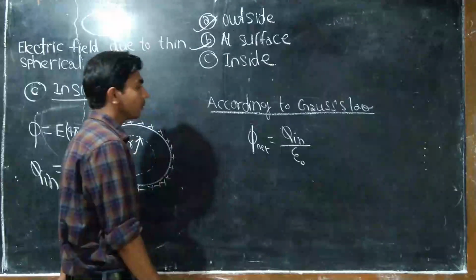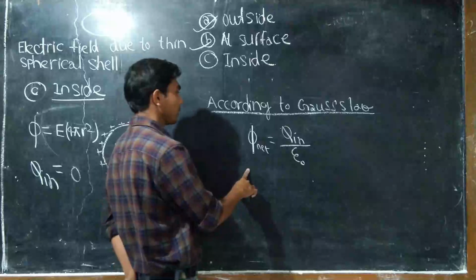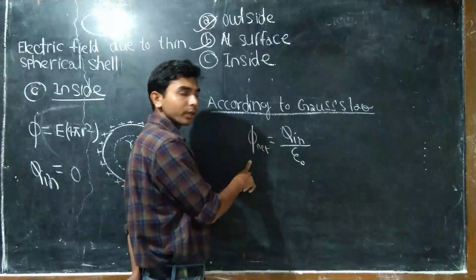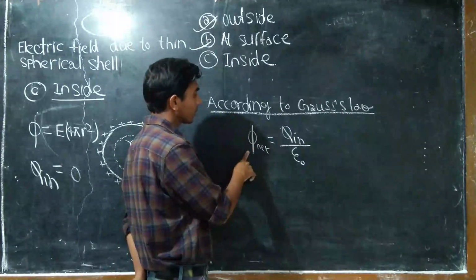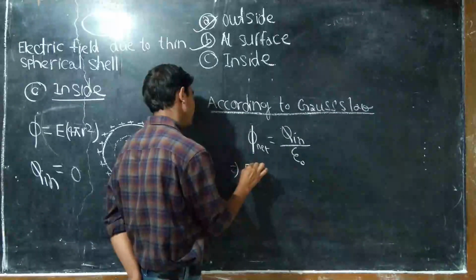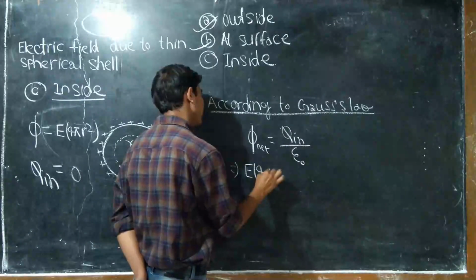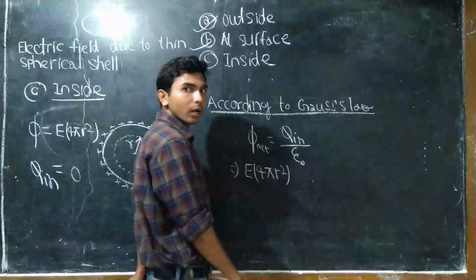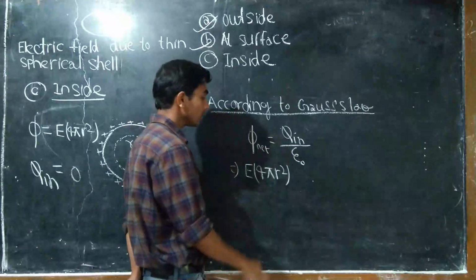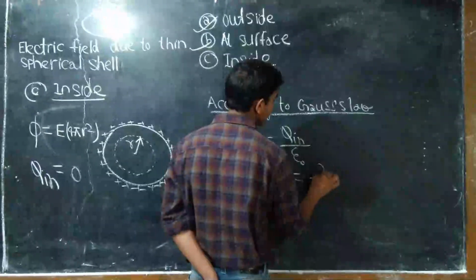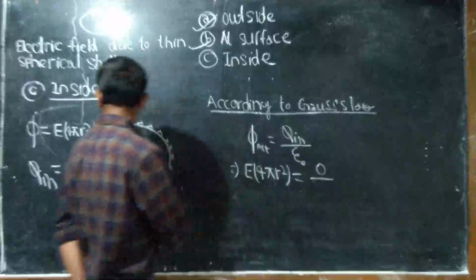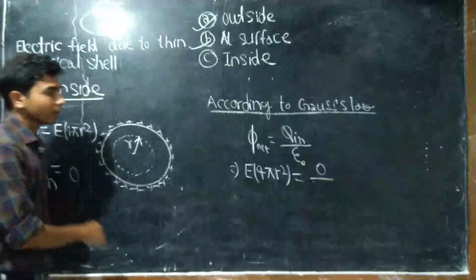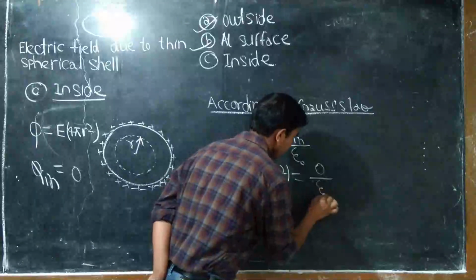Flux is E into 4 pi r square, and Q in is 0.